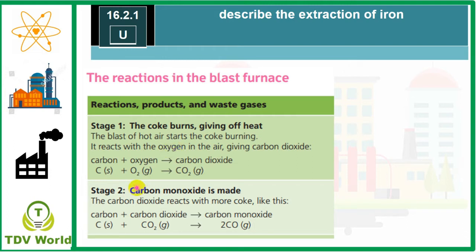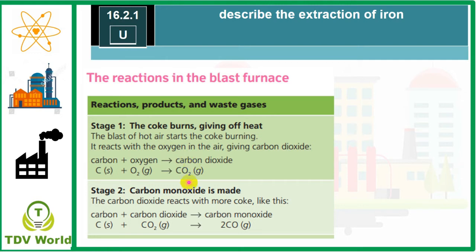And the second stage is carbon monoxide formation. In the second stage, the carbon monoxide will be formed. The carbon dioxide reacts with more coke. This carbon dioxide, which is already formed in stage 1, is going to react with more coke.